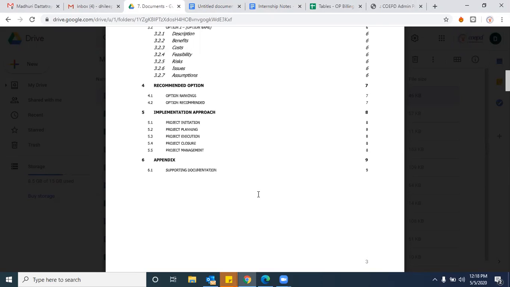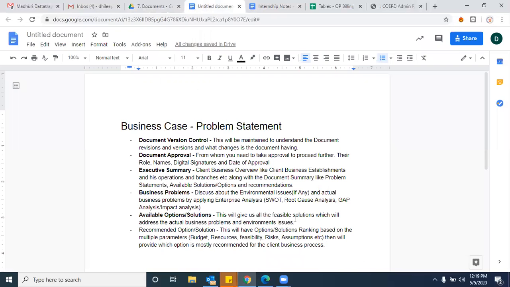Am I clear? This is applicable even for BRD, FRD, every document. Do remember, supporting documentation is a very important element for a document, especially. On what basis we prepared the elements of the document, we need to write it there. Karthik, is that clear? Karthik and Ritika.